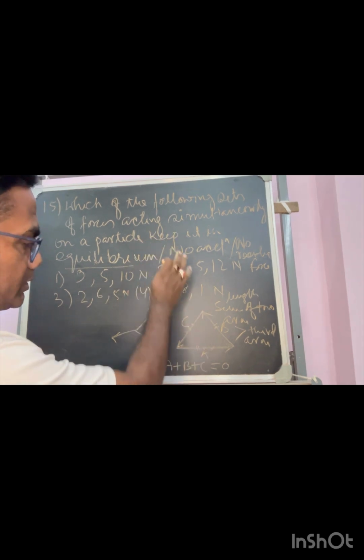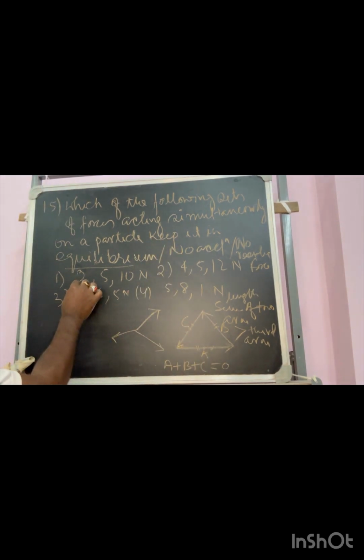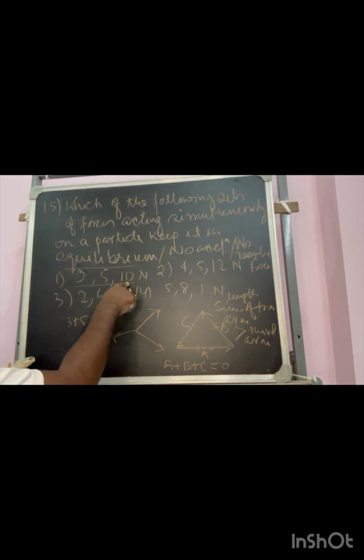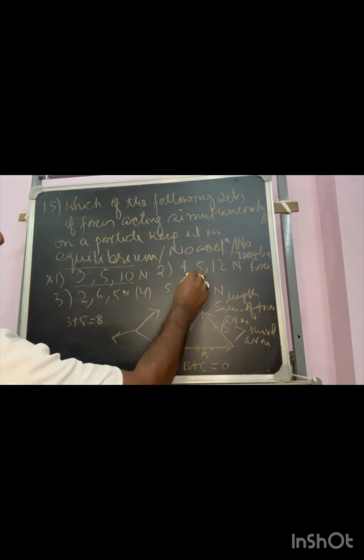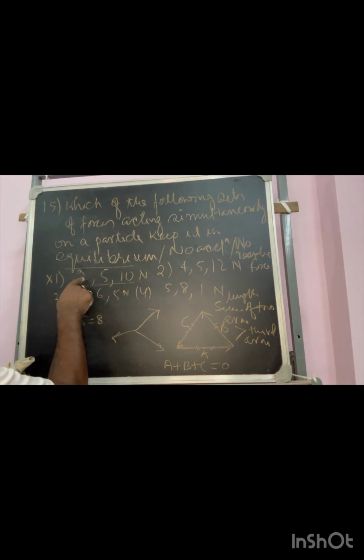If you consider this set of values, 3 plus 5 is 8. But 8 is not more than the third side, so this is not a possibility for equilibrium. Let me check another: 3 plus 8, other sides you can check also. One has failed, this is not less than 10. 5 plus 10, 15 is more than 3.